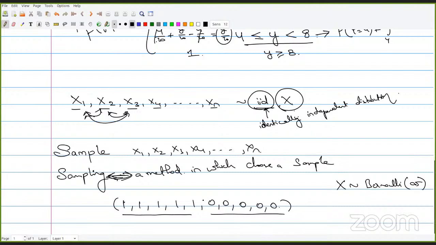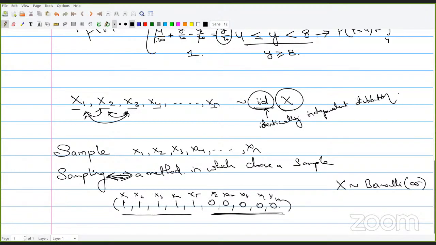This one is not randomly collected. I collected the first five samples as one and the next five as zero. Each one of them is an xi: x1, x2, x3, x4, x5, x6, x7, x8, x9, and x10.